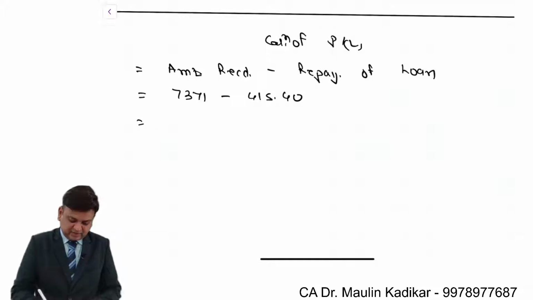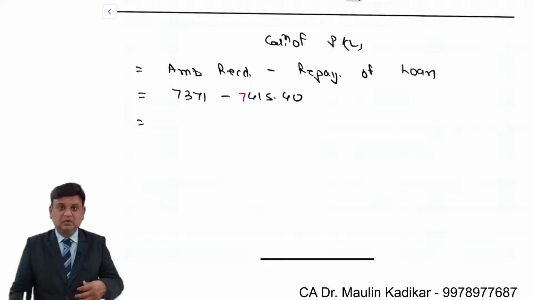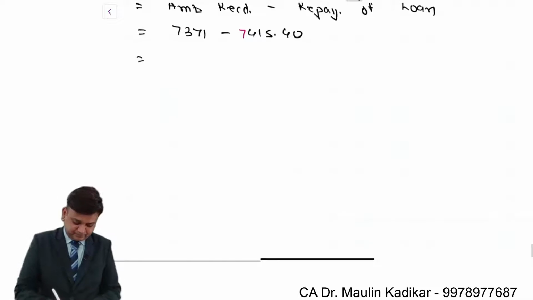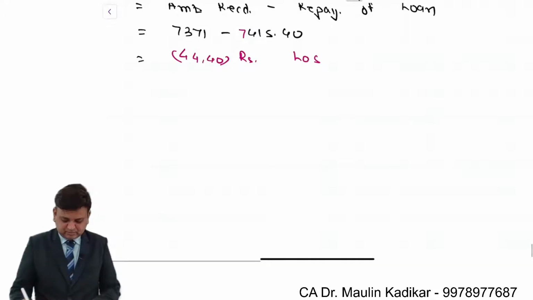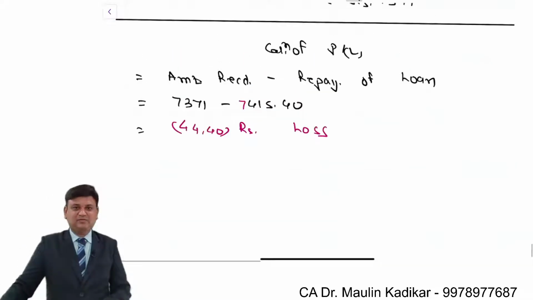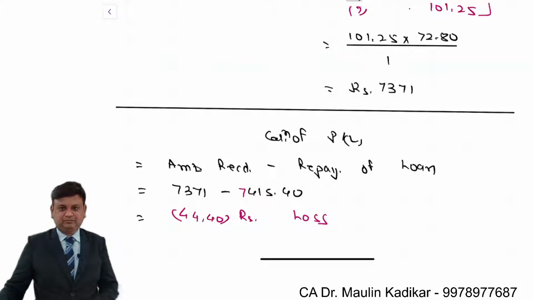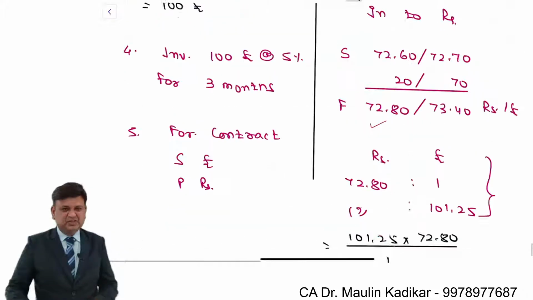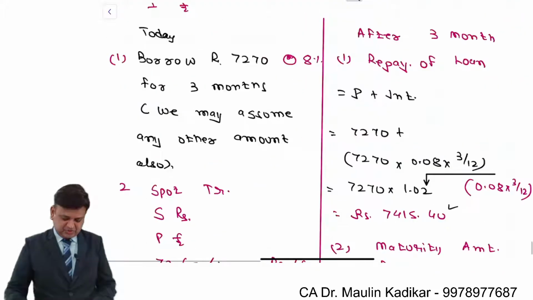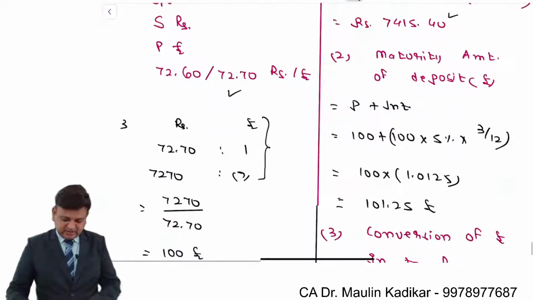That is the way we are required to make the calculation. So 44.4. This is the amount of the loss. So for this alternative there is no arbitrage. Let us check the other one.